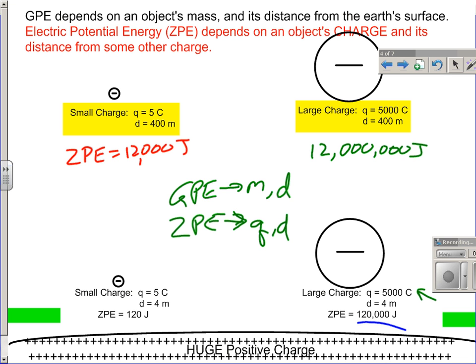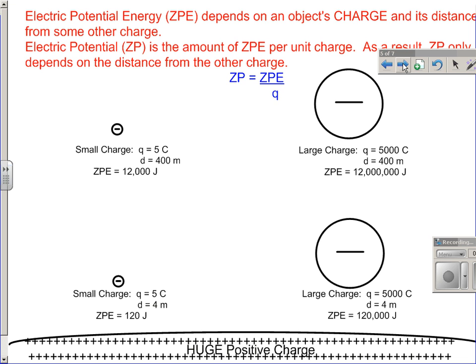Okay, so once again, I've transferred my numbers over. In the last one, we learned that gravitational potential was GPE over M. Now, this is the same idea, except we're talking about electricity. So electric potential is electric potential energy per unit charge. And again, we're going to find that the electric potential only depends on the distance.